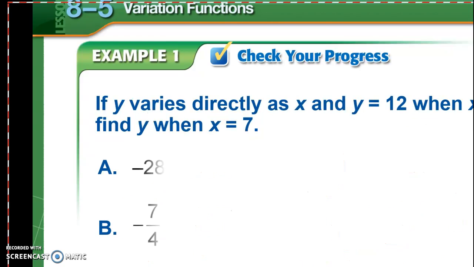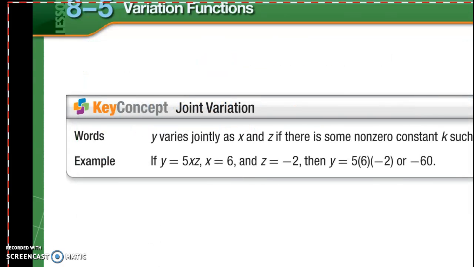We're going to go ahead and go past that and go to joint variation. In joint variations, it's just like the direct variation, except you have two things that are affected. So two things are changing when y changes. So y varies jointly with x and z here.